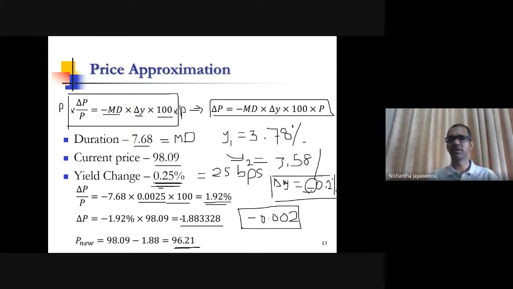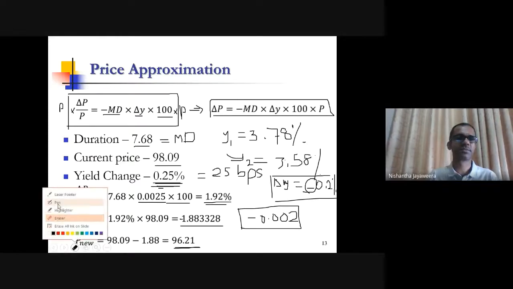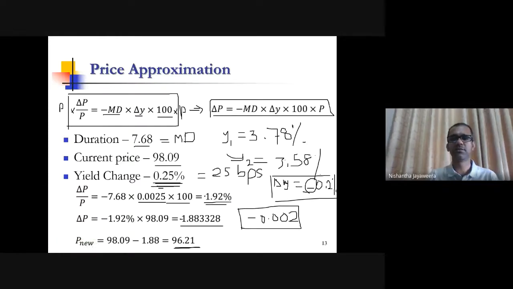Once you use negative here, negative in this equation, you get a plus sign here. But in this case, this should be minus. In our previous example, it should be minus 1.92, even though I have not written it there.